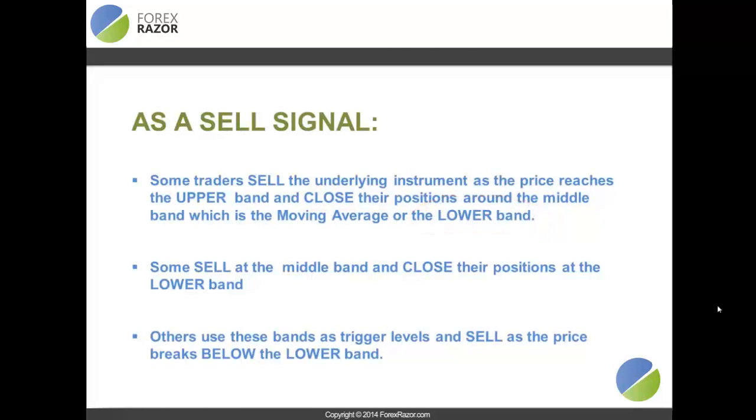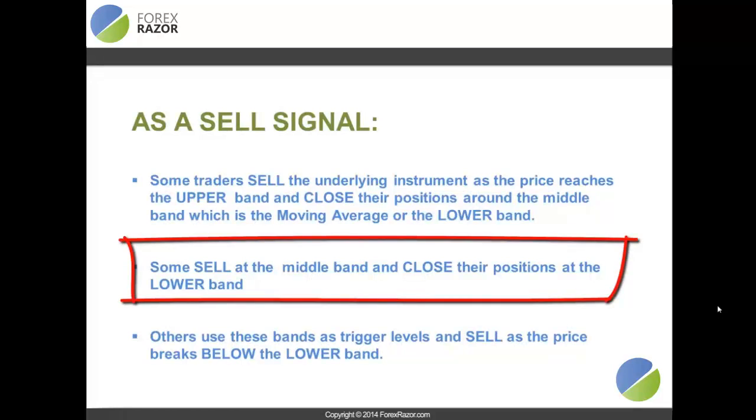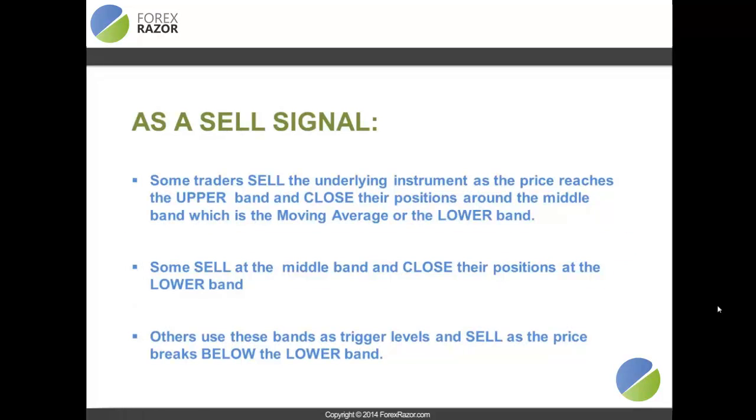Some traders sell at the middle band level, that is the moving average, or scale their already short positions at the middle level and then close all their trade positions at the lower Bollinger Band level. Others use these bands as trigger levels and sell the underlying instrument as the price breaks below the lower Bollinger Band.